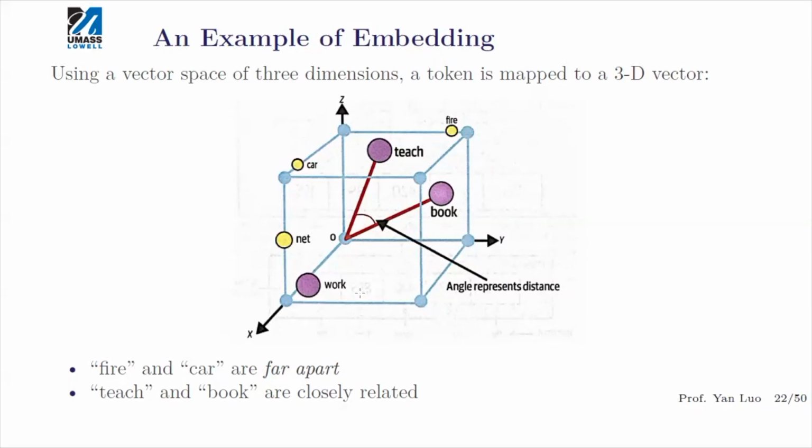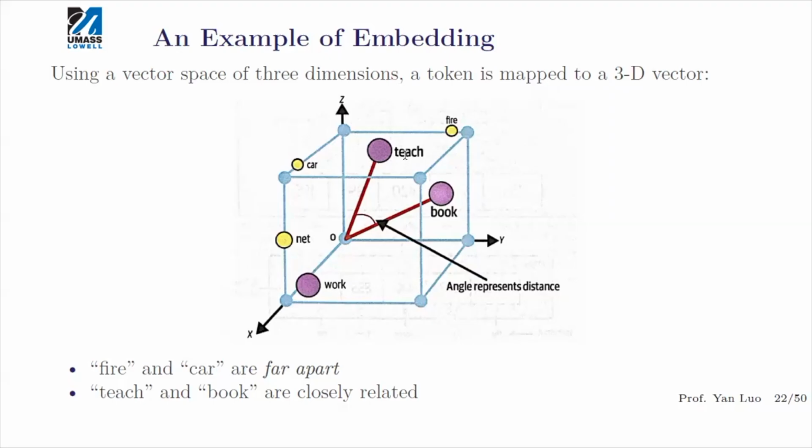So what we want to do is use this 3D space so that we can put these tokens in certain places. If they are close to each other, for example, here we use the angle to represent the distance. If they are close to each other in terms of the angle measure, we say they are closely related.